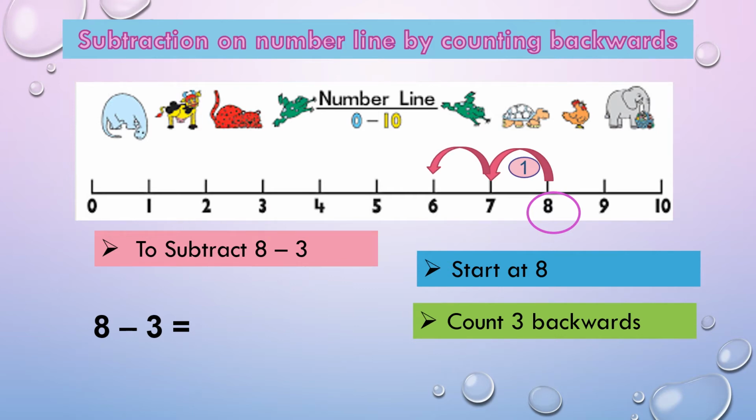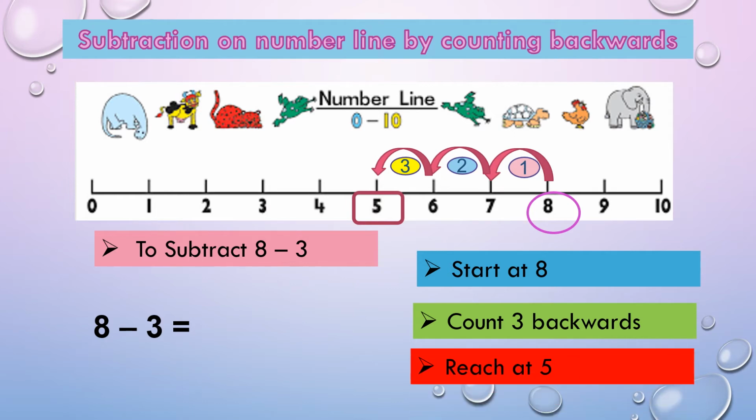Then one more step backward, we can reach on number 5. So we have taken 3 steps backward and we reach at number 5. So we can say that 8 minus 3 is equal to 5, means the difference between 8 and 3 is 5.